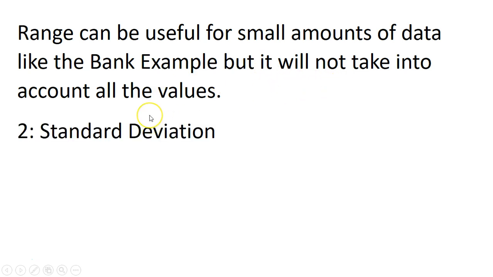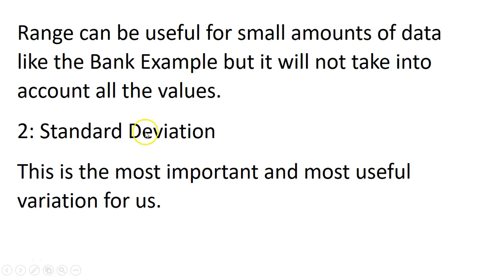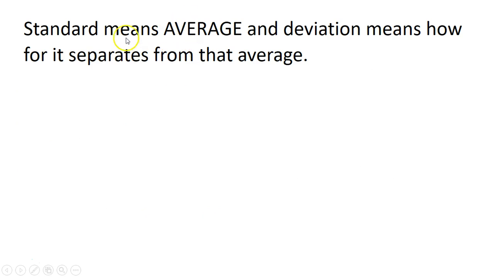So then we have standard deviation, which is the one that many of you have heard this phrase or word before, but have no idea what it really is. This is the most important and most useful variation for us in this course. Standard means average. Deviation means how it is separated from the average. It means how far it is separated.